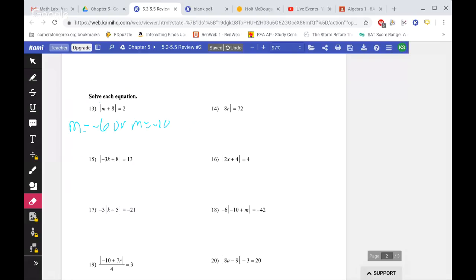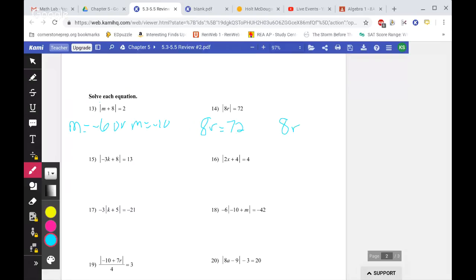Okay. On number 14, we have the absolute value bars all by themselves. So now what we have to do is take the equation out of the absolute value bars, but our answer can be either positive 72 or it can be negative 72, because the absolute value of positive 72 is 72 and the absolute value of negative 72 is 72.